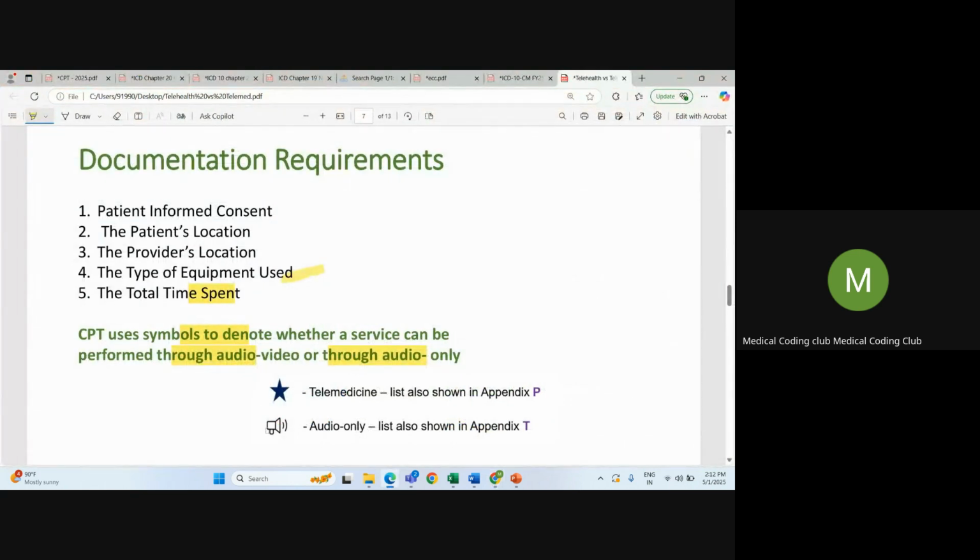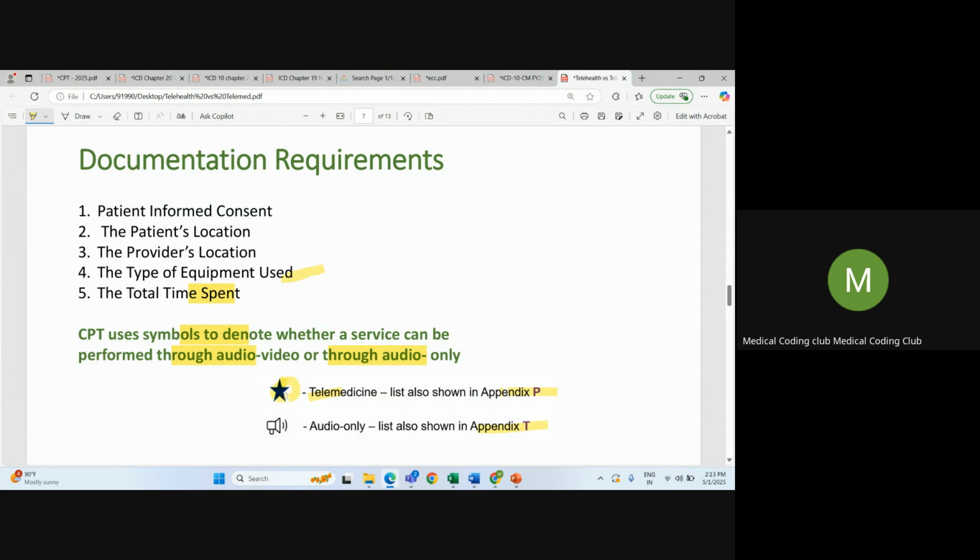Just see the images. Open your CPT book, and in the CPT book check Appendix P and Appendix T. Okay, in these sections they have listed the services, like what services should be performed using telemedicine. Telemedicine means both audio and video conferencing, so those CPT codes will have a star symbol.